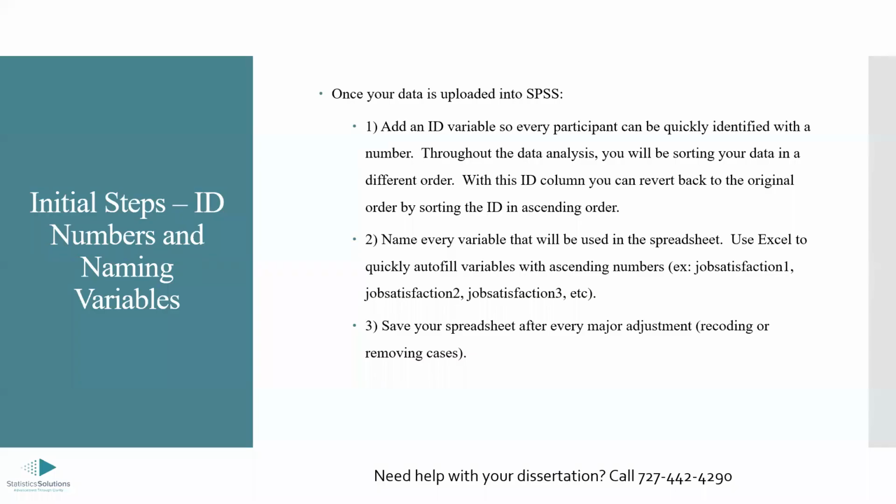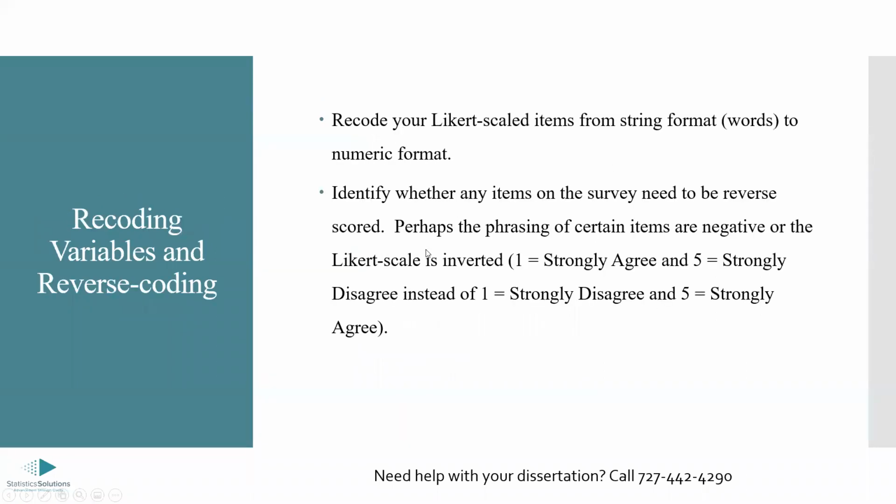Going back to the presentation, that covers our first steps. The next step we want to do is recode Likert scale items from string format, which are words, into numeric format. You also want to keep an eye out for reverse coding. So you may have items on your survey that are negatively phrased. So you'll want to flip the Likert scale for those questions.